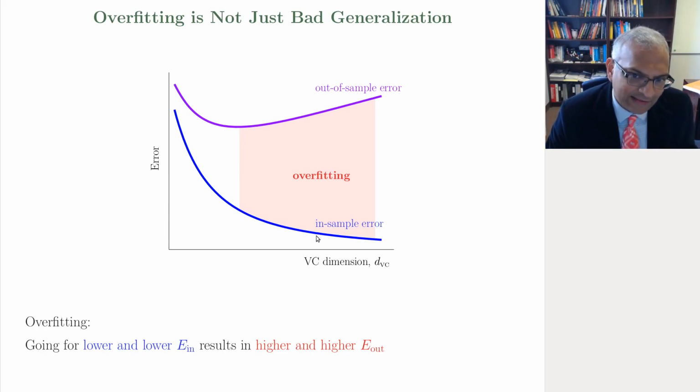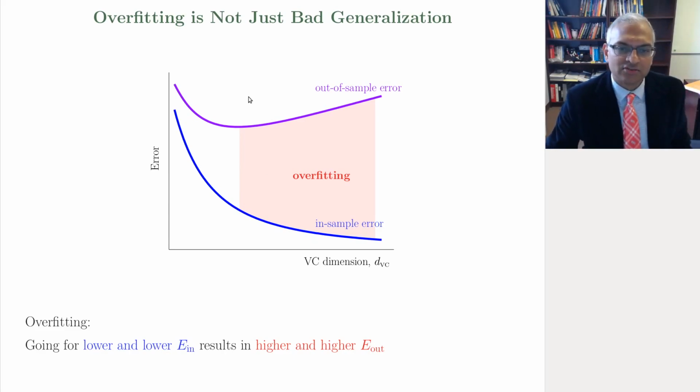It's a bad thing. That is overfitting. So this region where you go for lower and lower in-sample error and it results in higher and higher out-of-sample error is the overfitting region. Okay? So we like fitting as long as it doesn't produce a higher out-of-sample error. And once fitting the data starts producing a higher out-of-sample error, we say that we're starting to overfit.